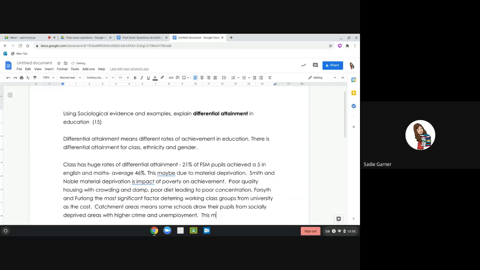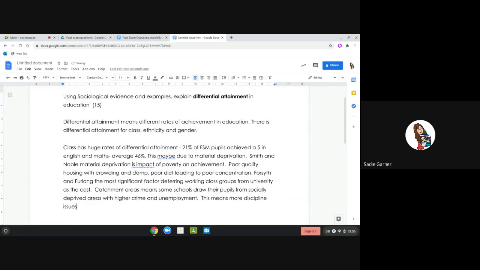This means there may be more discipline issues as a result, and a higher turnover of teachers, leading to a poorer quality of education. That's all my knowledge. I've basically got 2 sociologists and catchment areas still knowledge, and I've got stats, so that's really good range.